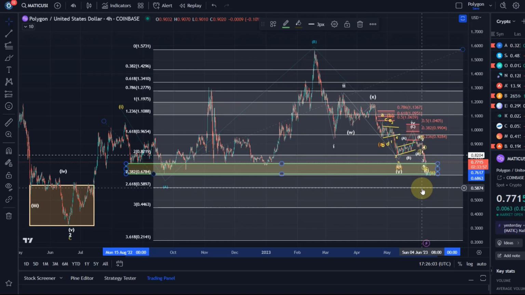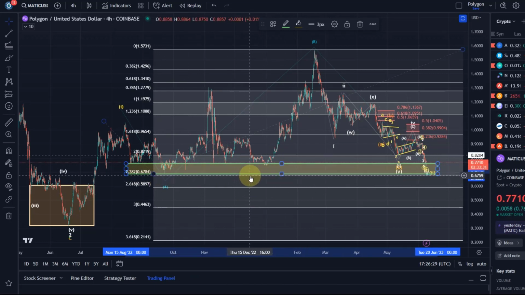Very important. In an expanded flat, the 2.618 extension is not really a common target, but in an extended expanded flat it certainly can be reached in a C wave, and that is 59 cents. The 2.382 Fib extension is at 68 cents. That's overlapping with the A wave low and the structural support we have here.